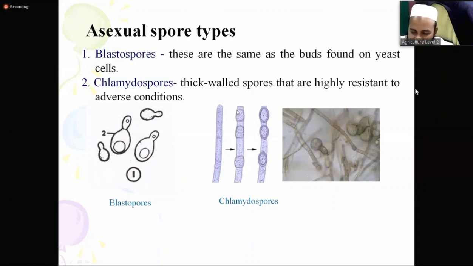They deposit many things in their cell wall and become thick-walled, highly resistant to adverse conditions. Maybe they cannot rot in water or any other condition. They will be strong. This type of spore is called chlamydospore. Do you understand? Okay, I believe you understand.